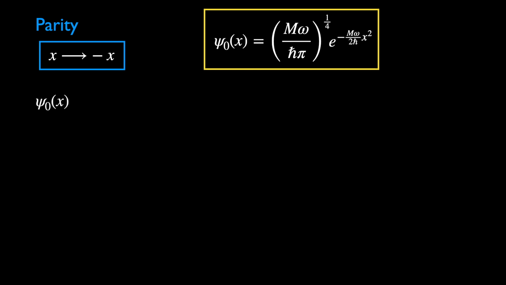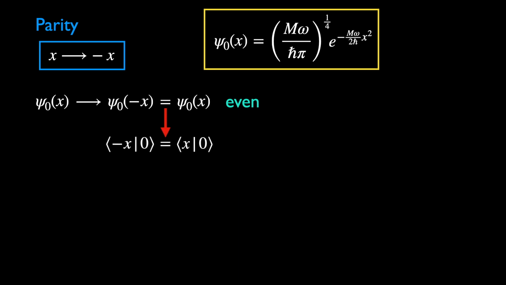It is obvious that the ground state wave function has even parity due to its dependence on x squared. We could see this as a relation between the inner products of the ground state and the position states. Recall that in Lecture 15, we have introduced the parity operator in order to implement the parity transformation.